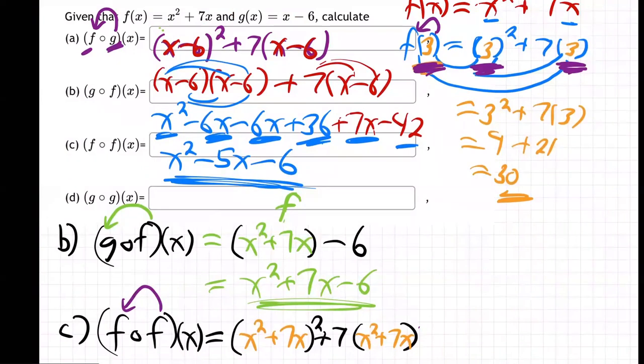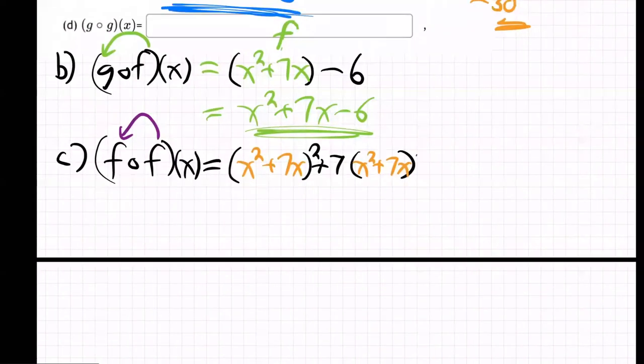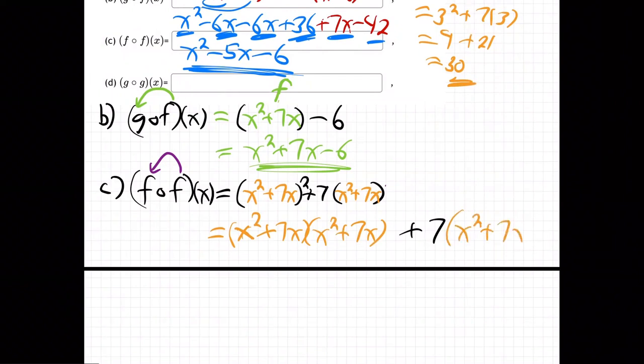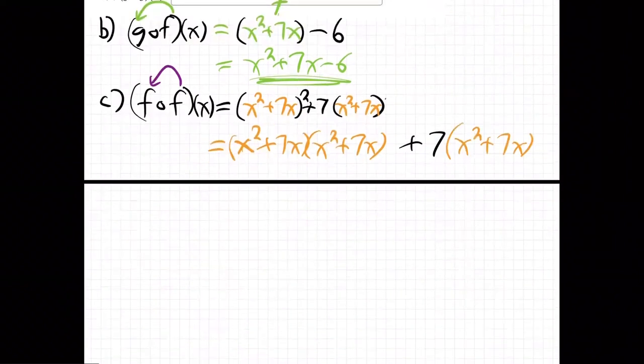Okay, let's keep going. Then you've got to work it out, which means I've got to write two of these: x squared plus 7x times x squared plus 7x. Keep this other part over here. The first one goes to both, and that's going to be x to the fourth plus 7x cubed.